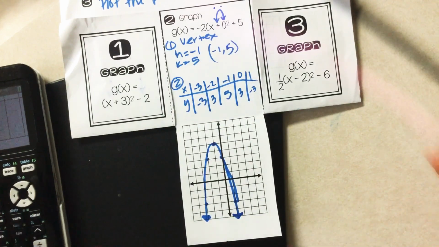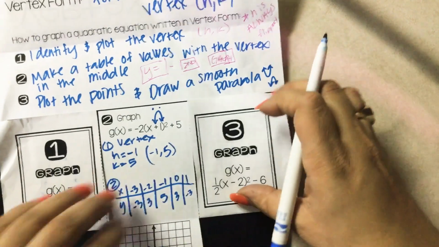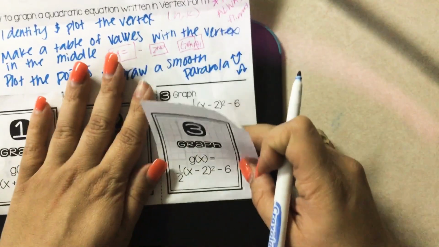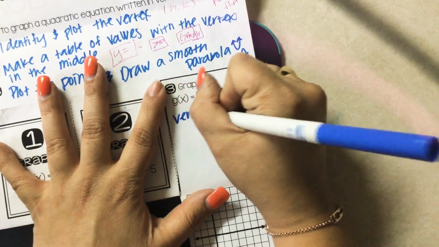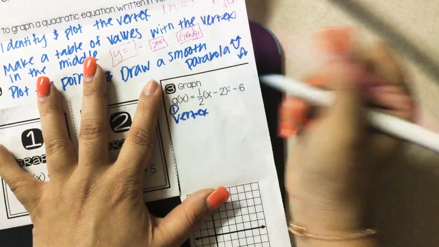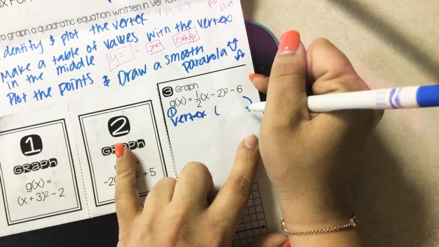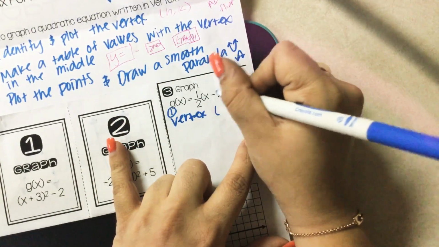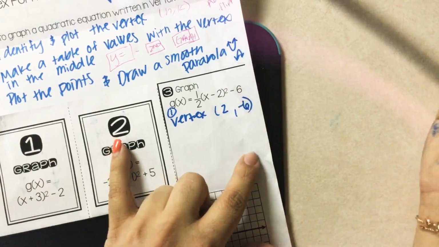This next step, this last problem, is really what's going to be different than what we've worked on with all the other ones. As you get more comfortable with this, you can automatically just write your vertex as HK. So I already know that this 2 is going to be a positive, and my K stays the same.